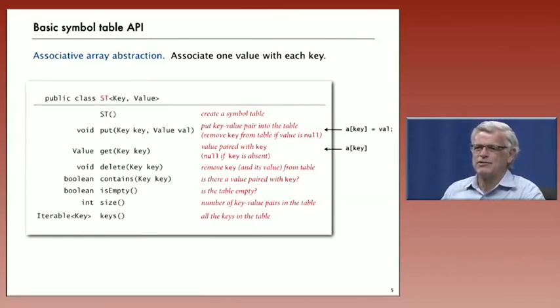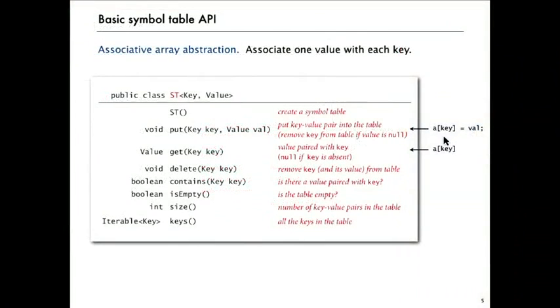Our keys in that case are indices that are restricted to be between 0 and the array size, but we're only associating one value with each index. We think of storing the value in the array position given by that index. And a good way to think of a symbol table is as shown here on the right. When we put a key value pair onto the symbol table, think of that as using the key to index an array and storing the value there.